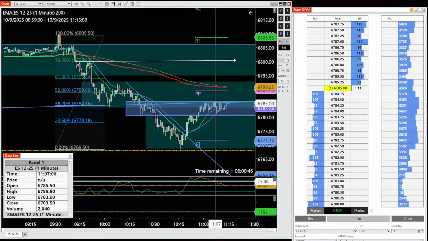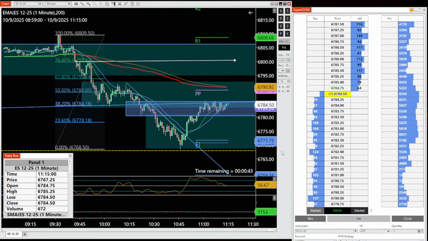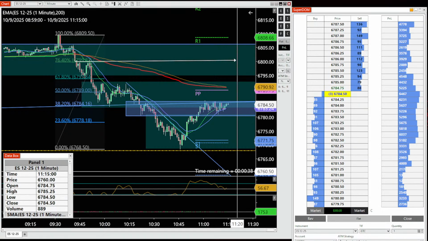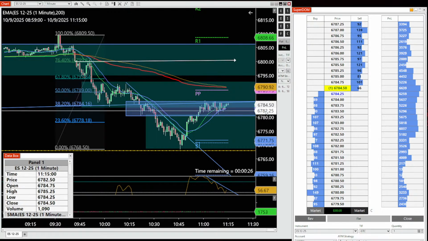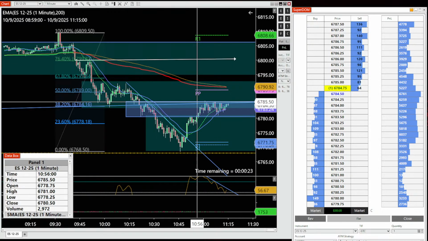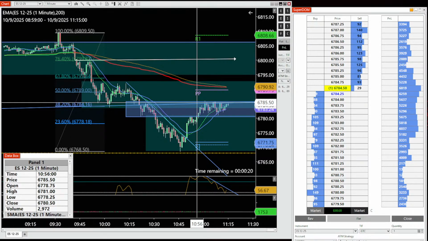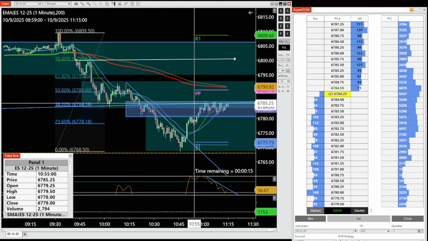Bouncing off the 50, but it's still in a downtrend. I just don't want to trade on this 4 hour.